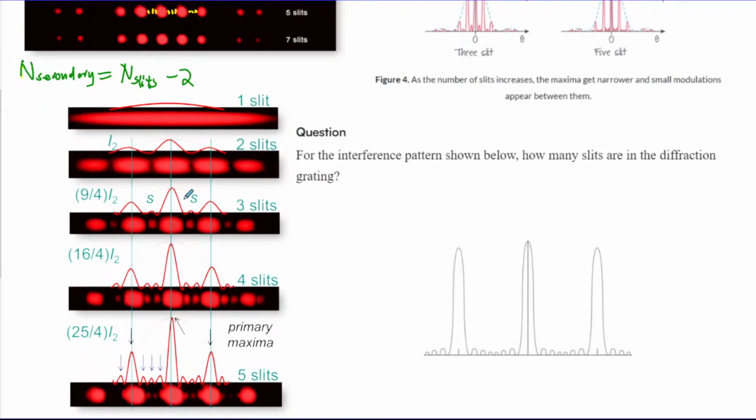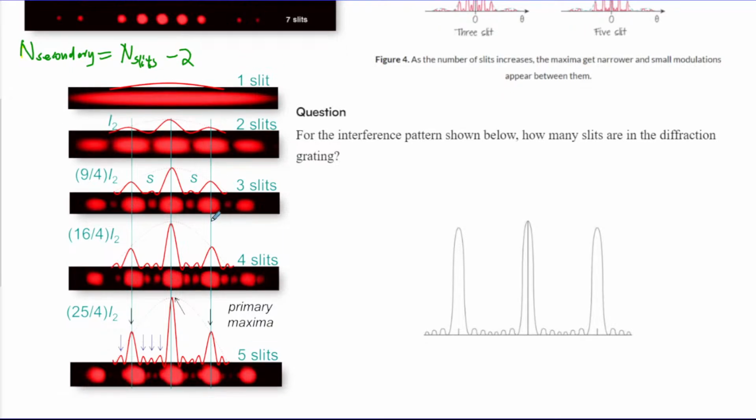You'll notice no matter how many slits you add, the central maximum is always lined up. The principal maximum, the central one, is always in the same place. The second principal maximum, same place. You just fill it with more secondary maxima. So the location of the principal maxima is always going to be the same. It just becomes more and more defined.